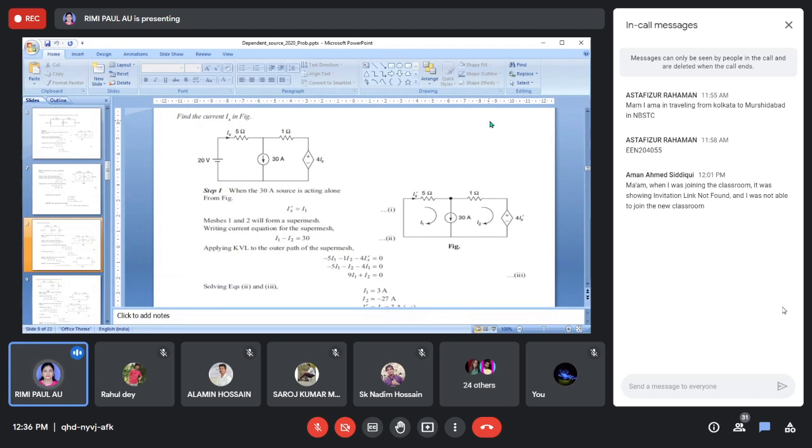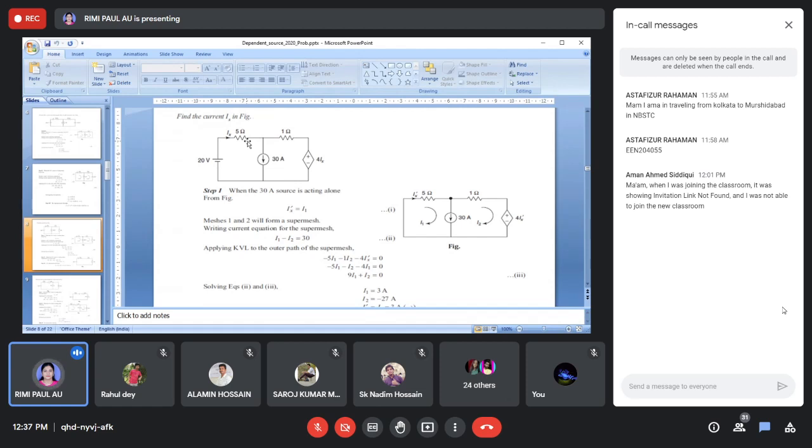Otherwise, you cannot touch this source because it depends on another branch current or voltage. So how do we solve this problem? First apply superposition theorem, short circuit this path, with one source acting.